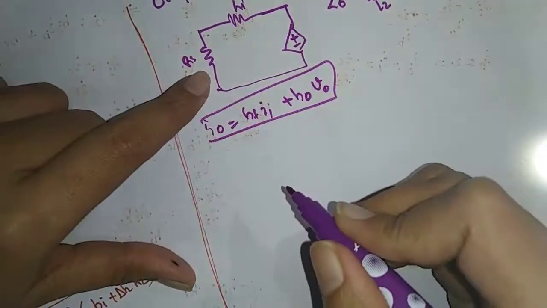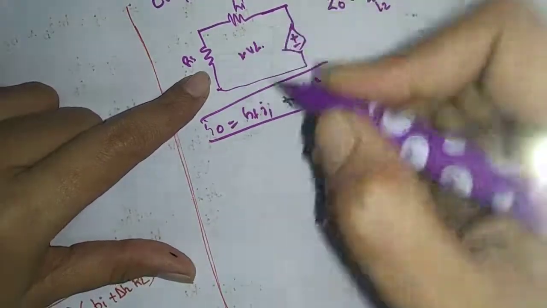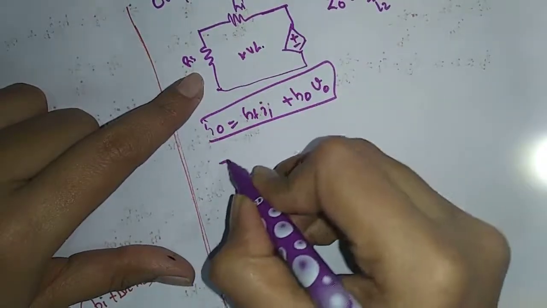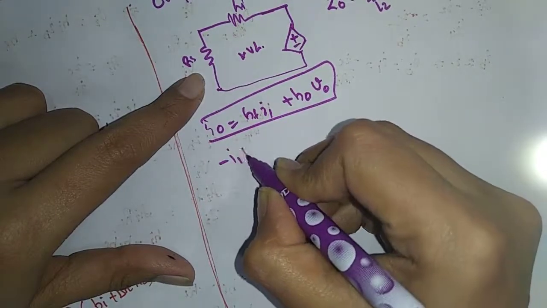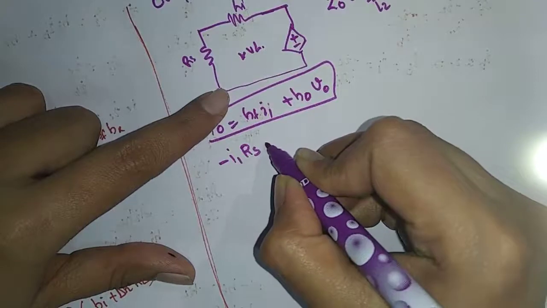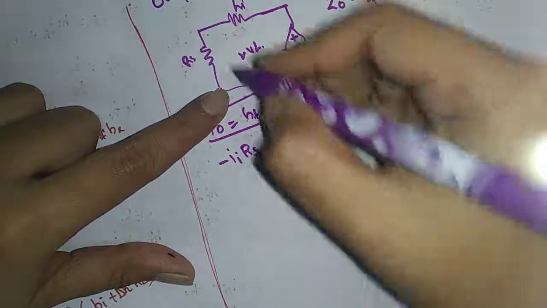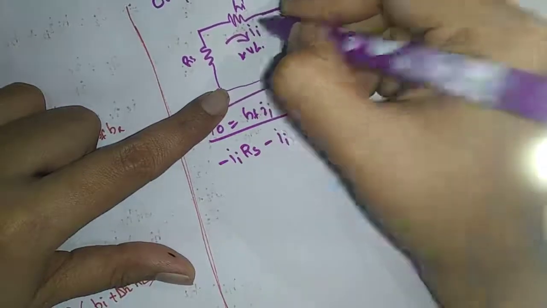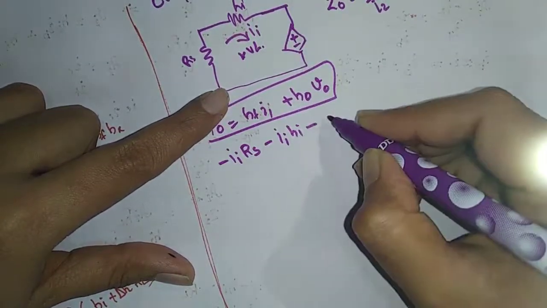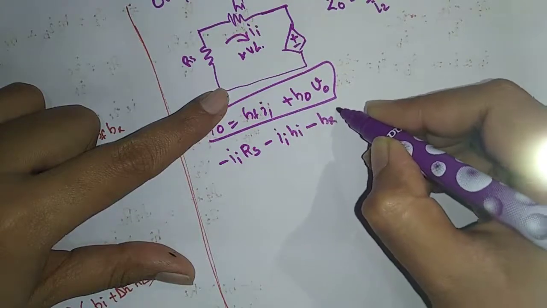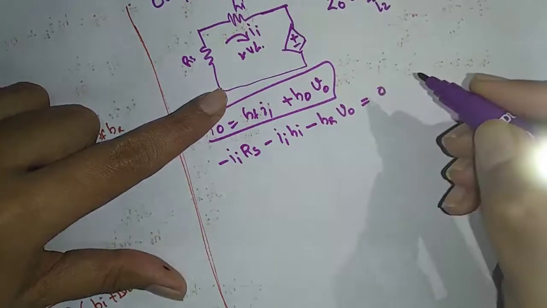So how will I write the equation? I am applying Kirchhoff's voltage law in this short circuit: minus I1 RS minus I1 hi minus hr V0 is equal to 0. This is my equation.